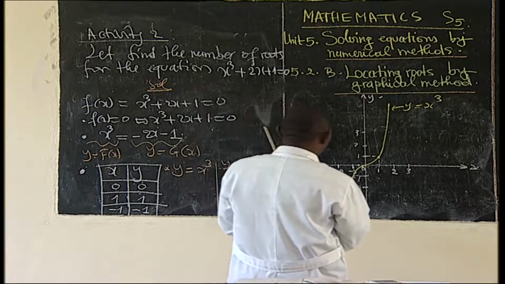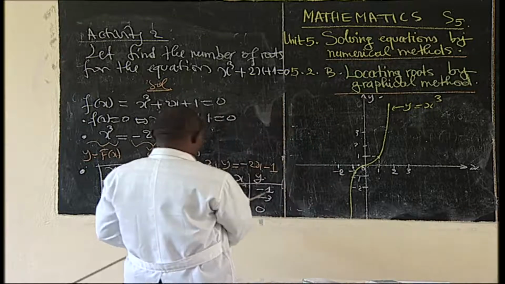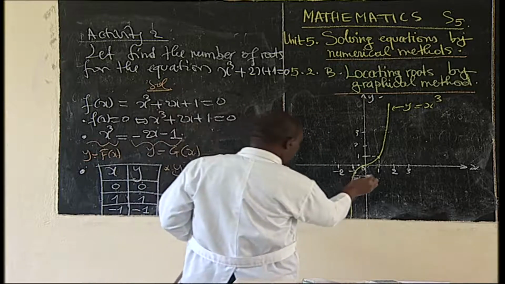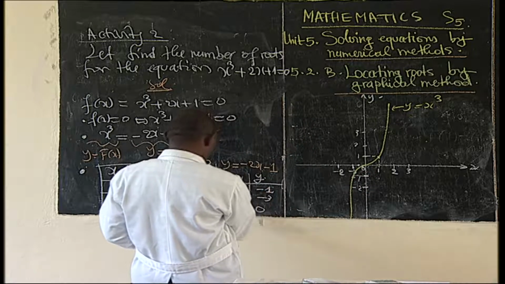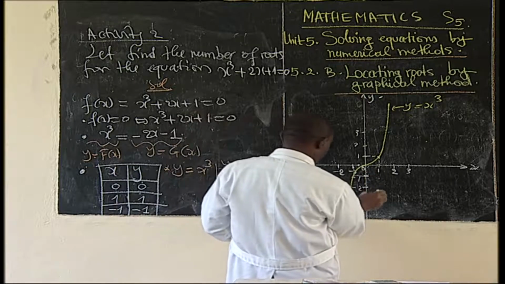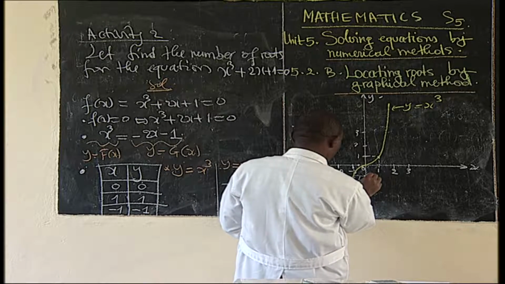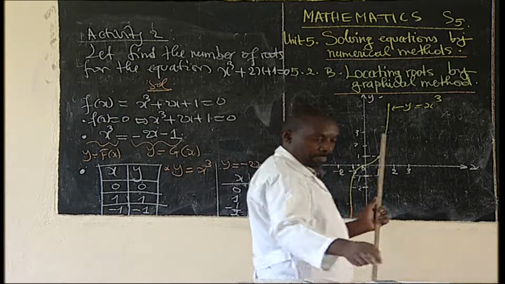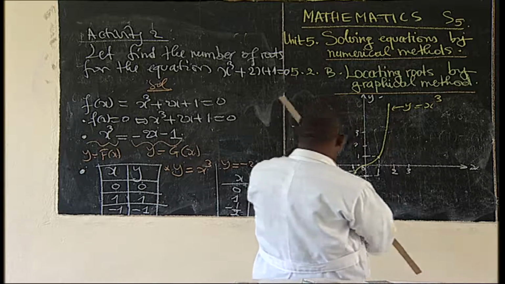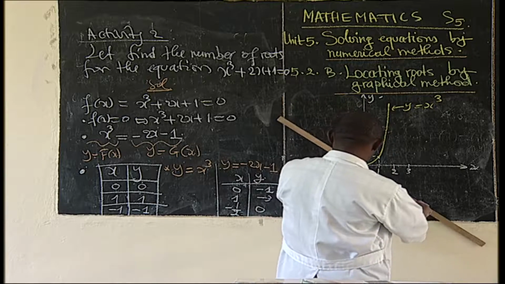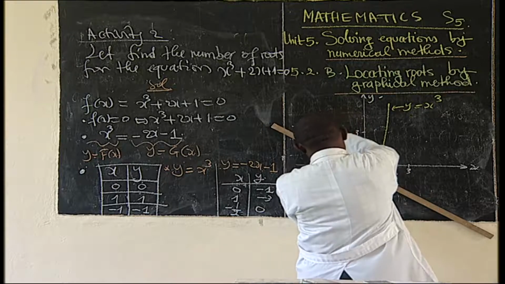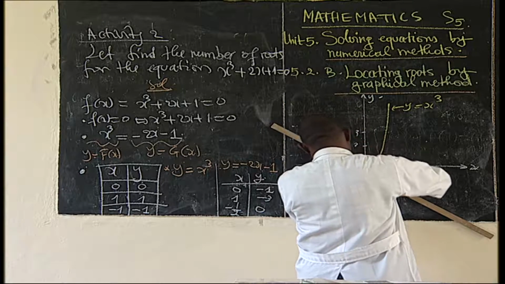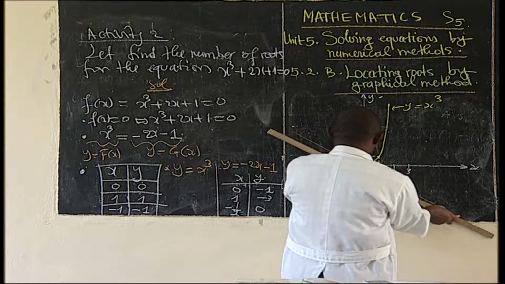Then the other function, we have 0, -1 is this point, and 1, -3 down there, but we can join these 2 points because they are enough for the straight line. Do you see?